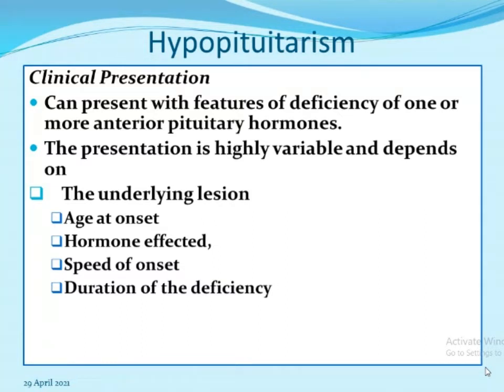The presentation is highly variable and depends on the underlying lesion and the age at onset. For example, if it develops in a young girl, it can affect her menses. But if the condition occurs at a later age, post-menopausal, sure, there will be no effect on the menses. And also, the presentation will depend on the hormone affected, speed of onset, how rapid or quick it is, and duration of the deficiency.